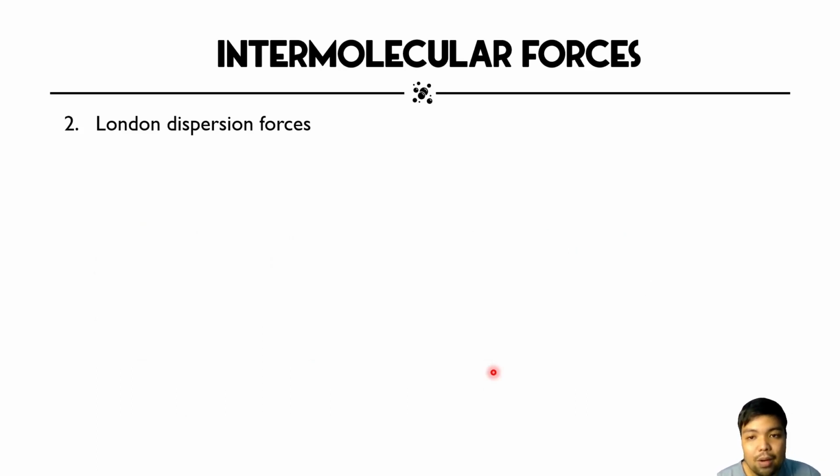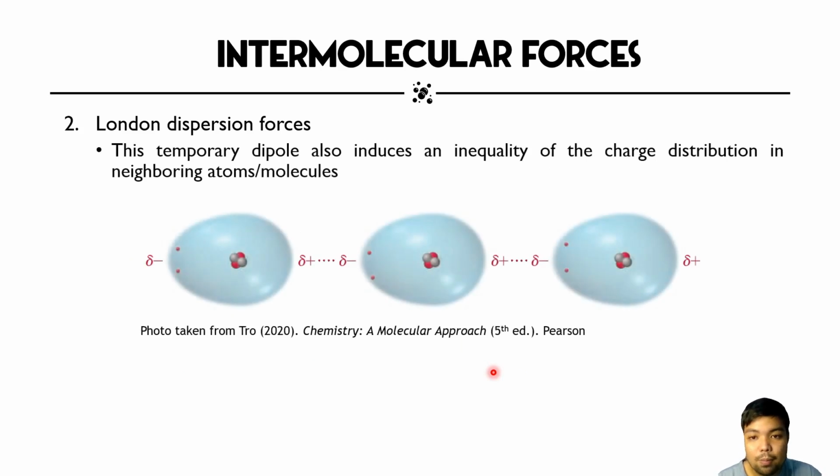Now this temporary dipole will form a cascade with the neighboring atoms, such that since you have a partially negative charge here and a partial positive charge here, the electrons of the neighboring helium atom will be drawn closer to the partial positive charge of the adjacent helium.